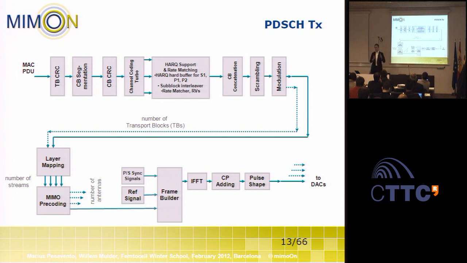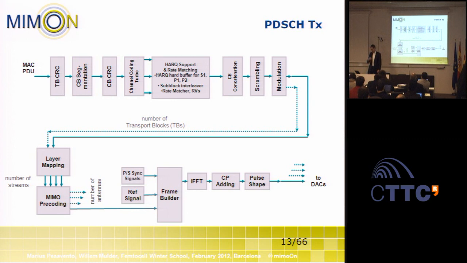This transport block is then segmented into smaller code blocks, and each code block also has a cyclic redundancy check attached, and that sequence of bits now enters the channel coder, which in LTE is a rate 1/3 turbo coder. So for each systematic bit, 2 parity bits are generated.